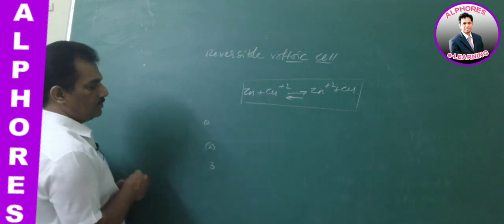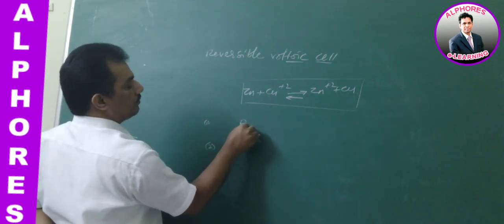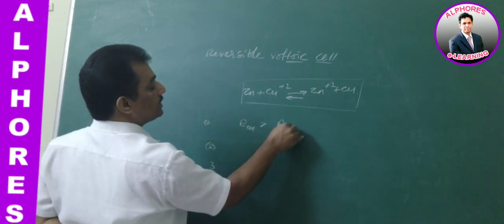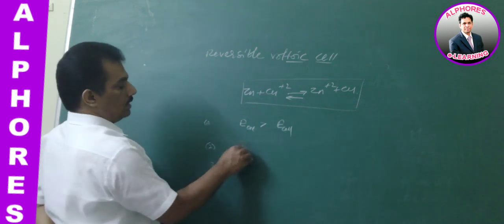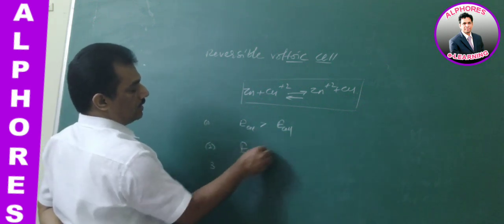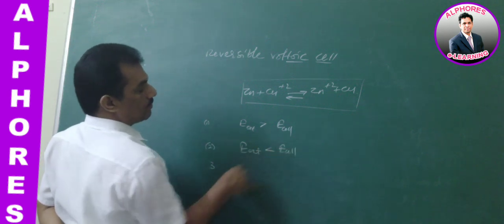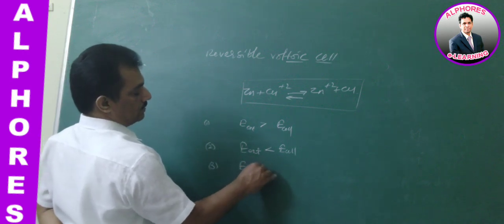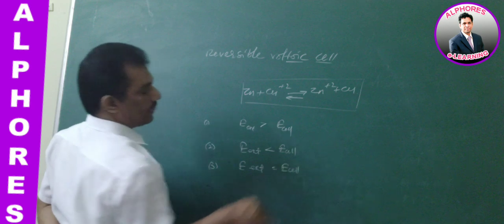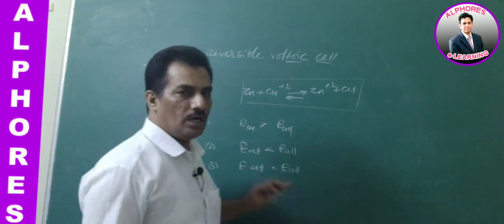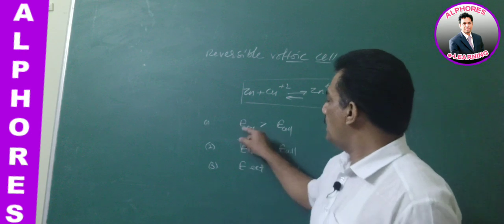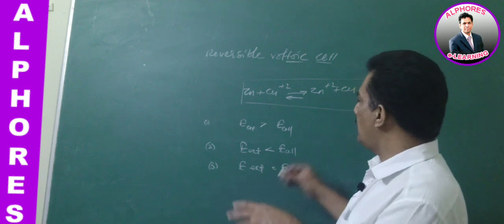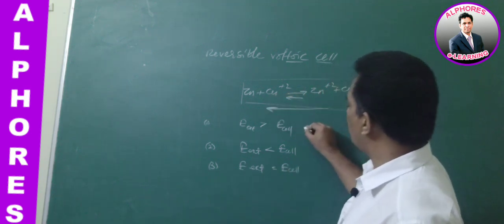One is external EMF greater than EMF of the cell, second is EMF of the external less than E cell, and third is E external equal to E cell. These are the three conditions. Now the question: what happens when E external is greater than E cell? The cell reaction will become reverse.